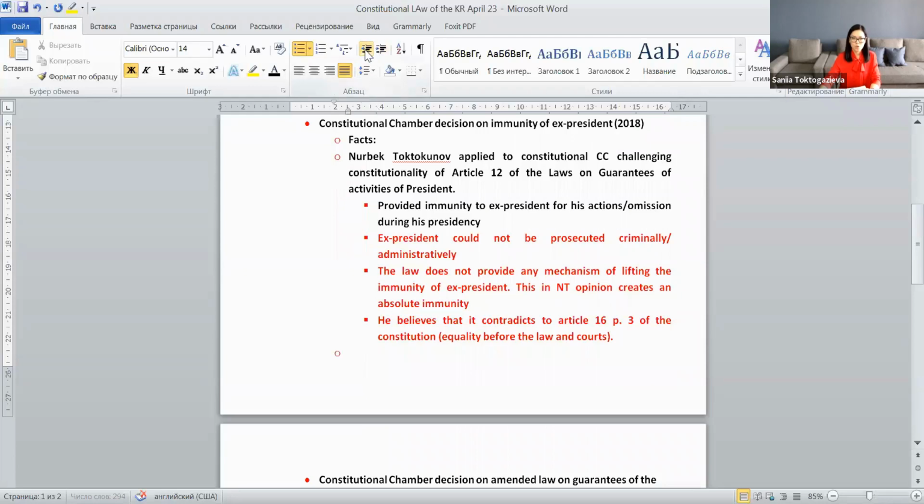Good. So then let's formulate the issue. All right, so Susa, could you please formulate the issue based on the facts that we have described above?